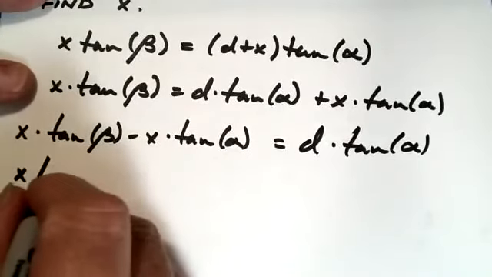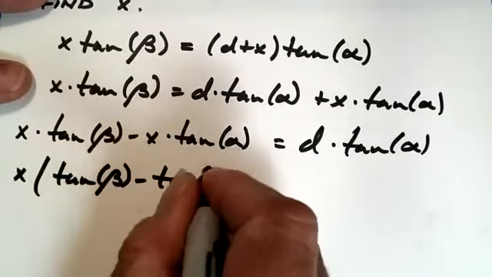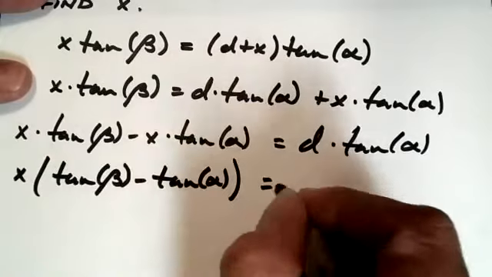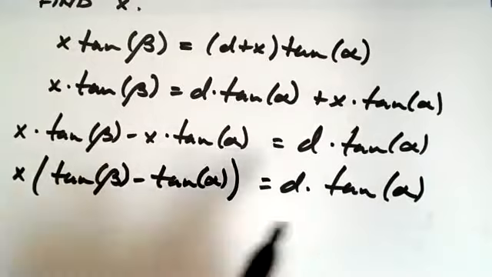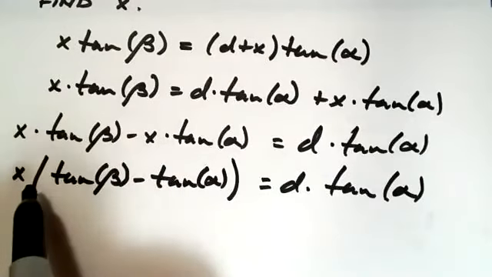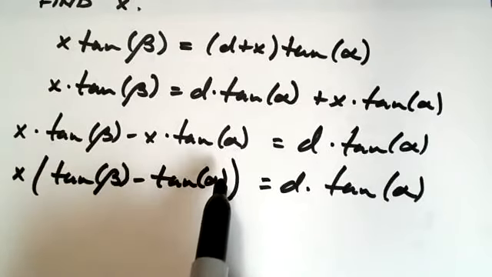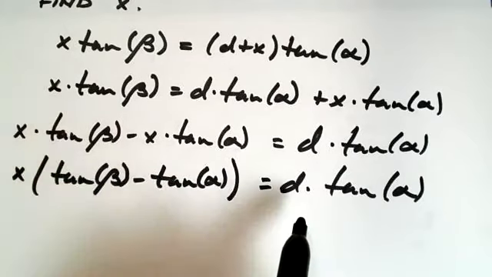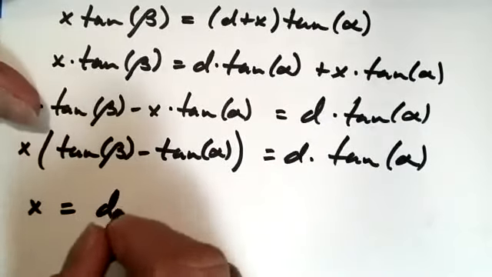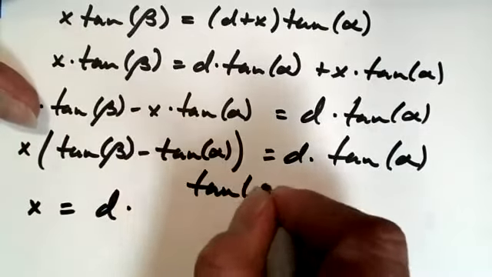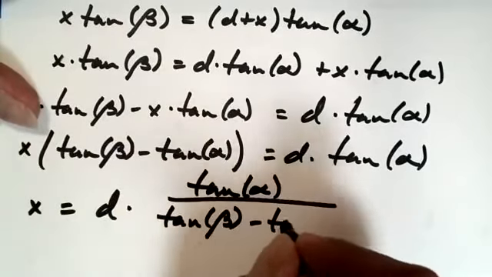I have x times the quantity tangent of beta minus tangent of alpha is equal to d times tangent of alpha. The final step is to divide by the coefficient multiplied by x. So I'm going to divide both sides by this quantity, tangent beta minus tangent alpha, and I'll be left with x equal to something. It's not real pretty, but x is equal to d times tangent of alpha over the quantity tangent of beta minus tangent of alpha.